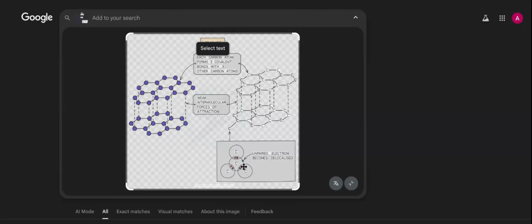And they will form pairs. Initially, they would have been unpaired. When they bond with other carbon atoms, they form pairs, right? So this is an example of a large structure that is formed by covalent bonding. Let's go back.